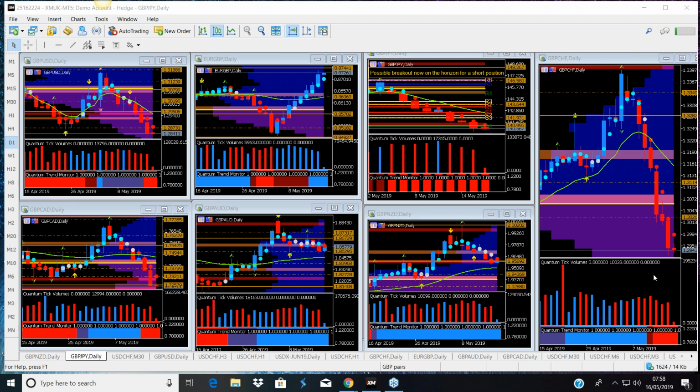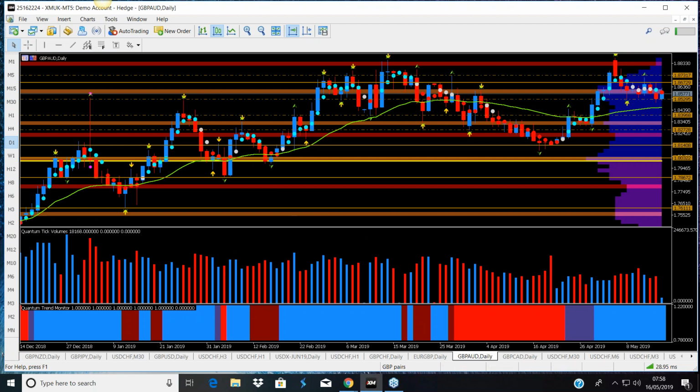Yen, of course, sorry. What's interesting when you move down to the bottom line, though, is yes, you've got selling of the pound against the Canadian dollar, but when you pick out the pound Aussie, that heavy selling of the pound is not reflected so strongly in the pound Aussie.